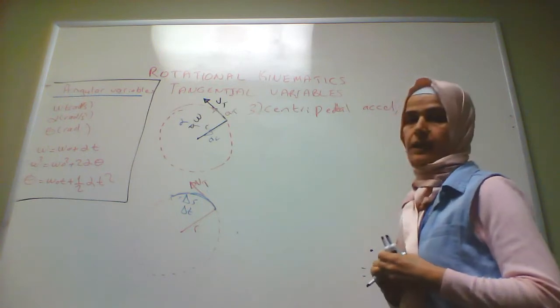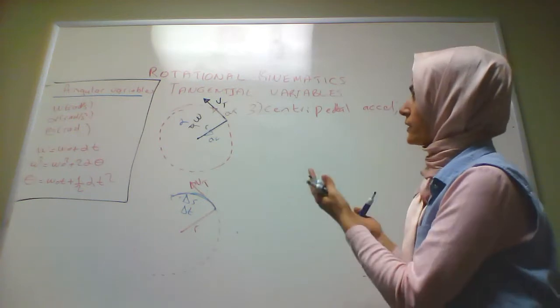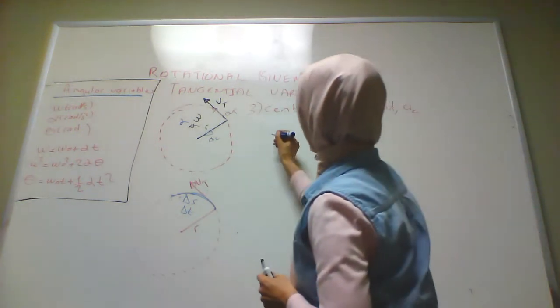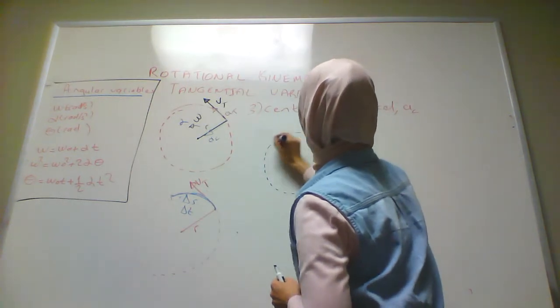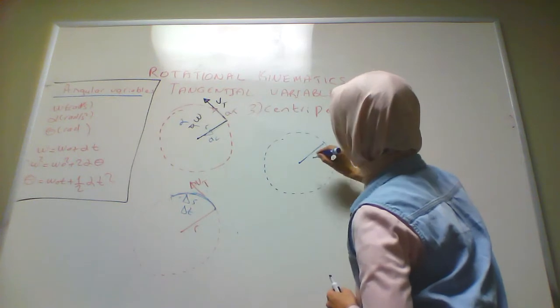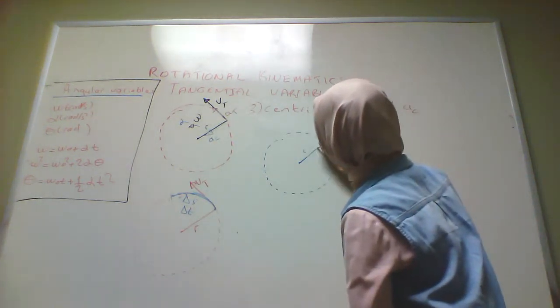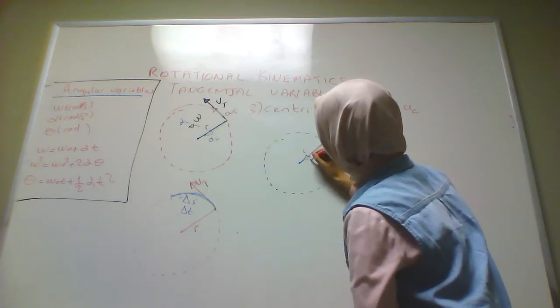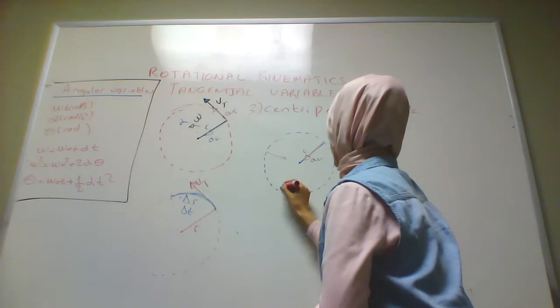Centripetal force was equal to m AC, if you can remember from uniform circular motion. It's still there, now it's only varying. Because centripetal acceleration, let me draw this in here separately. I'm going to drop the velocity, I'm only going to draw centripetal acceleration. So here's R, we have a circular motion, and centripetal acceleration will always be towards the center, anywhere in this circle.